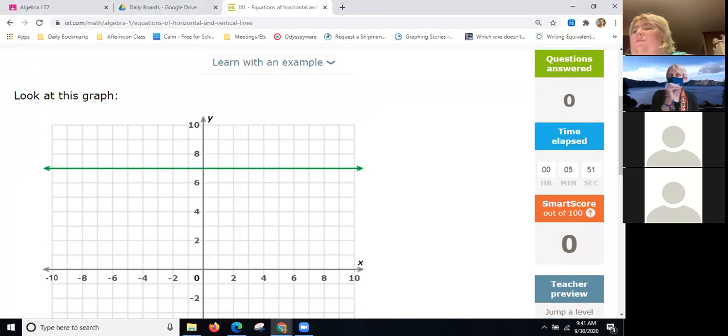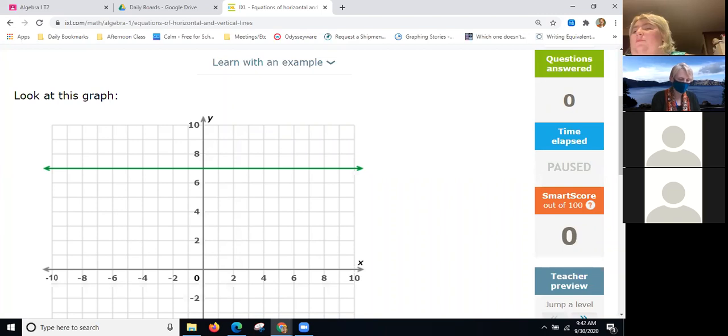So if it's a horizontal line, think about this. If I were trying to write this line in slope-intercept form, I would say that y is equal, now the slope, it's 0 because it doesn't go up and down.